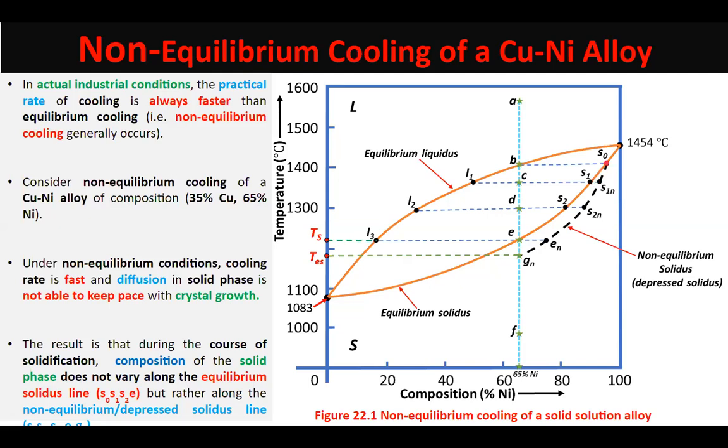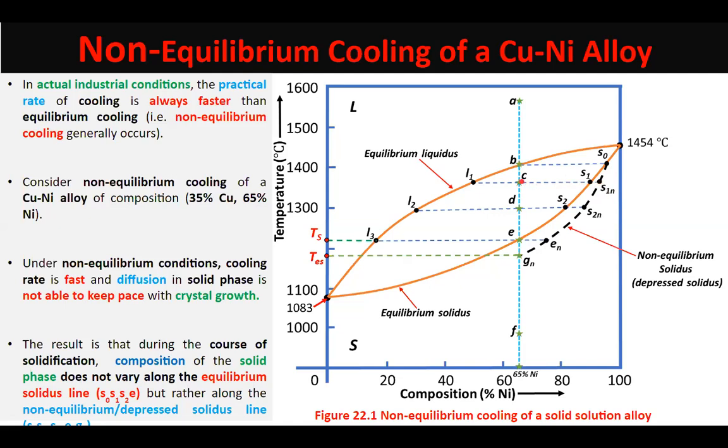The chemical composition change because of diffusion under non-equilibrium conditions can never be as large as S0 to S1. So for the non-equilibrium cooling that we might have followed, I am assuming that we could not shift the chemical composition of the solid phase till S1, but rather we made a shift from S0, but we came till S1N. S1N means S1 under non-equilibrium conditions.